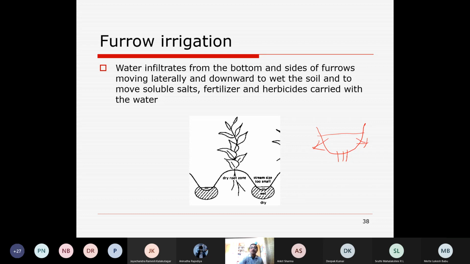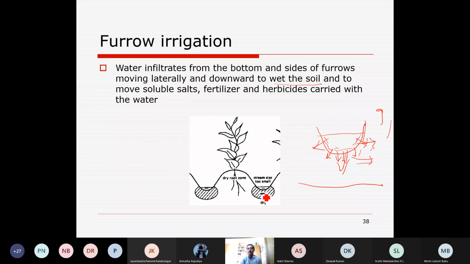We have learned the most economical channel section of flow. In the same way, water infiltrates from the surface area which is in contact with or covered by the water. So water infiltrates from the bottom and sides of the furrows, moving laterally and downward into the soil. Root zone depth is somewhere here, or the crop is somewhere here, so it moves laterally.